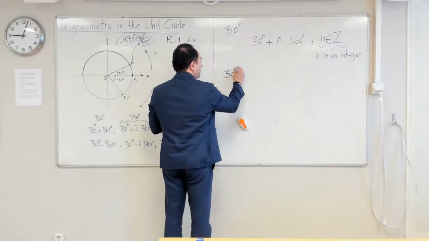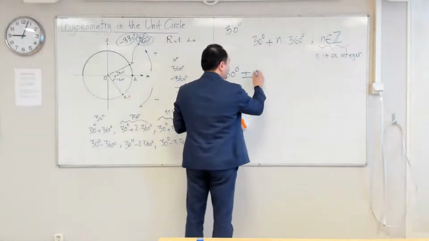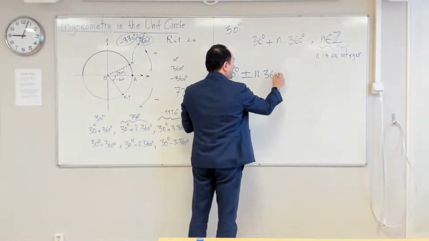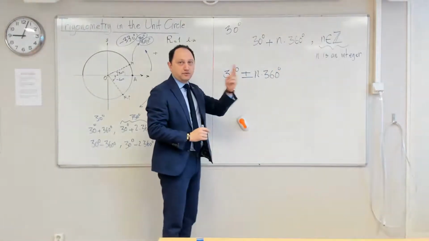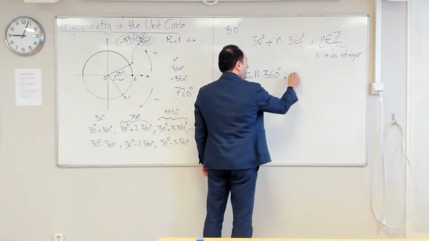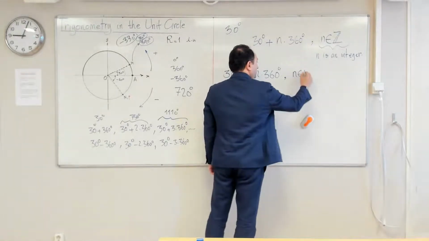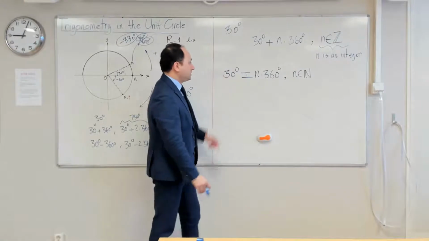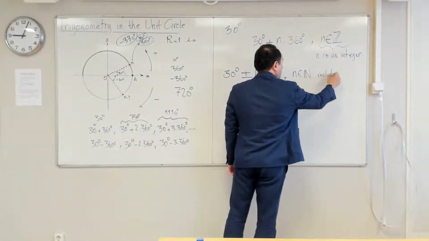I prefer that. The one that Dylan mentioned, you can write in this way: 30 degrees plus or minus n times 360 degrees. But in that case, if I ask you how many formulas you have, you would say I have two formulas, one for plus, one for minus. And then you can write n belongs to N, natural numbers, including zero.